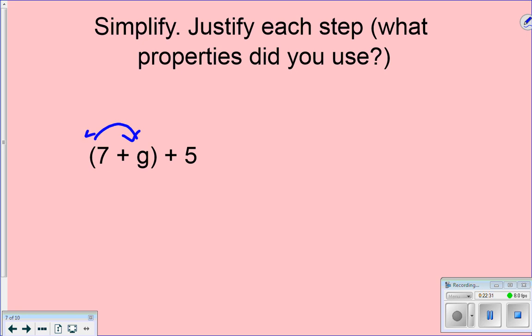Can I flip them? So then I have G plus 7 plus 5. What property did I just use there? No, I didn't move my parentheses. I used my commutative property, right? Because did I just not flip two? If you flip them inside the parentheses, that's okay. Did I move my parentheses completely, though? No. So I used my commutative property.